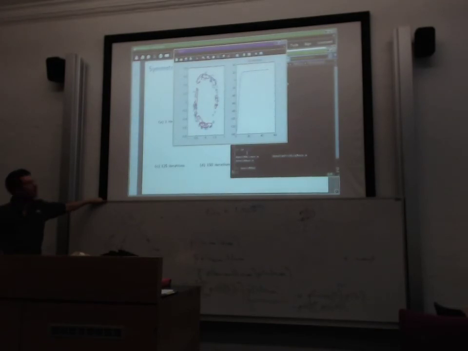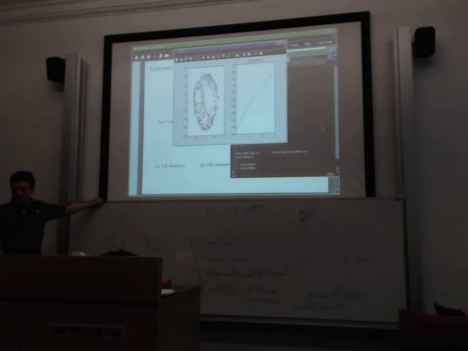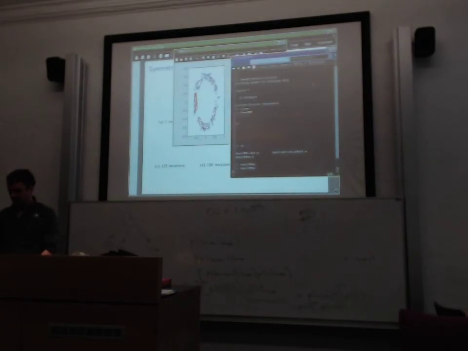So EM is characteristically rather slow to converge, unfortunately. It's one of the things that people don't like about it. And again, you've got the log likelihood increasing.